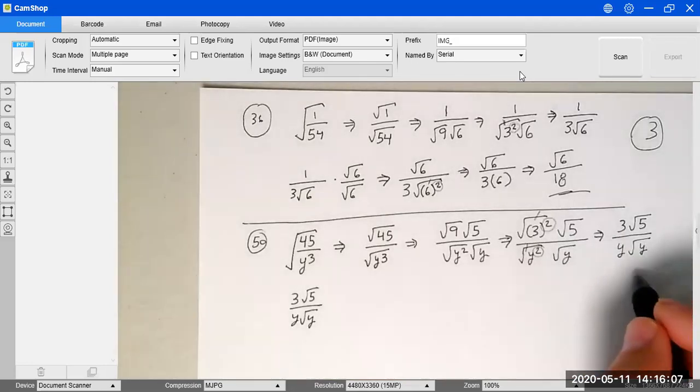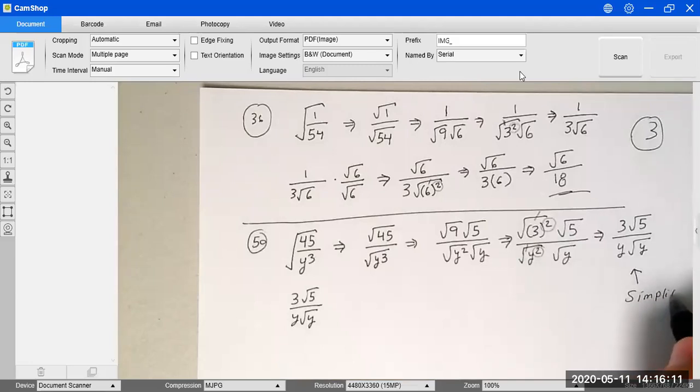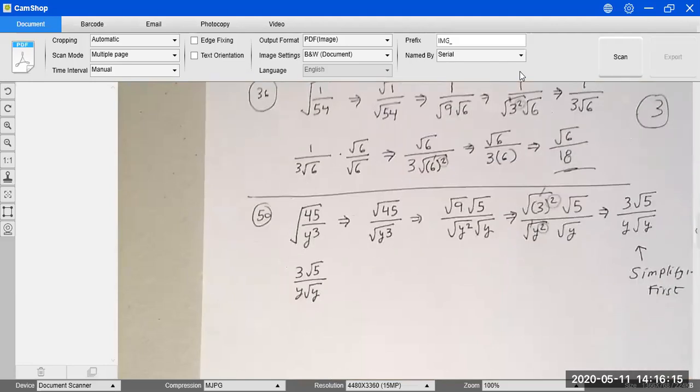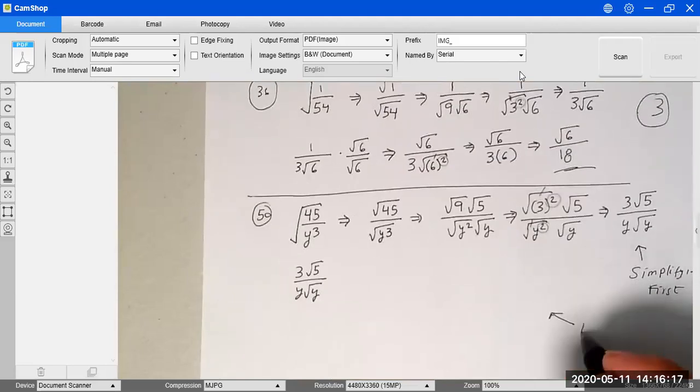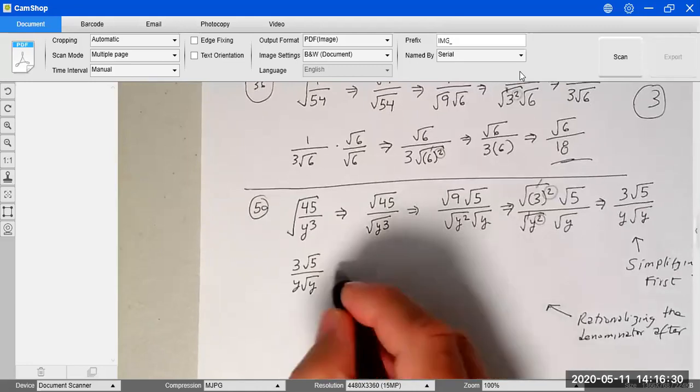I'm going to write here, we are simplifying first and we are rationalizing the denominator after. So how do we do that?